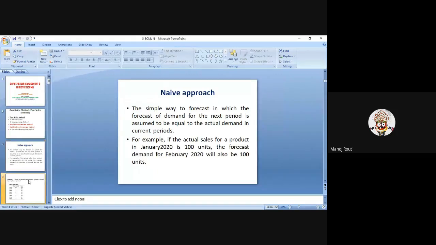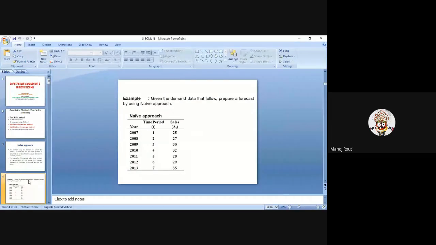I will show some examples. For this example, the given demand data is used to prepare a forecast using the Naive approach. The years are given in the table, starting from 2007, 2008, 2009, 10, 11, 12, 13, and the time period is given from 1 to 7.